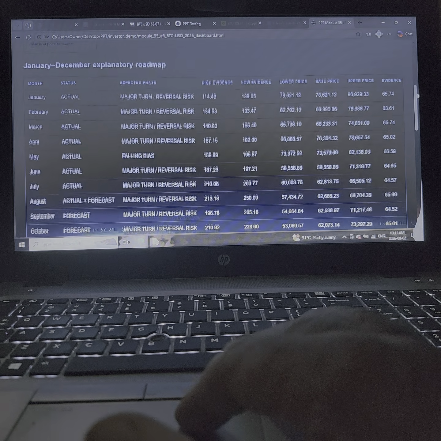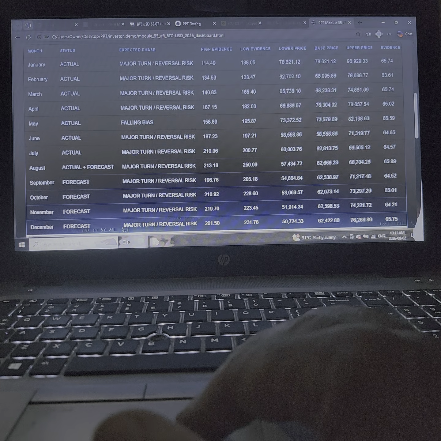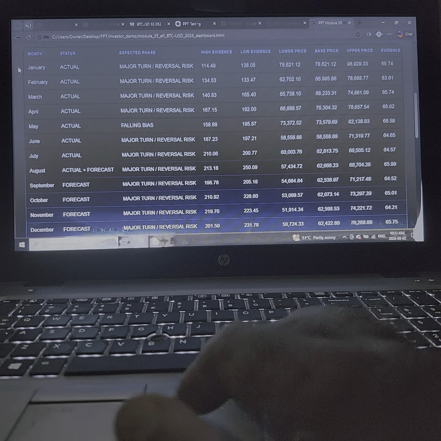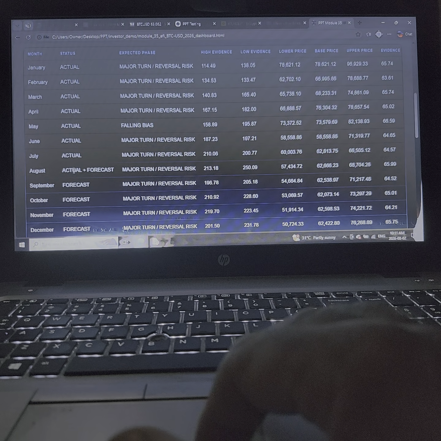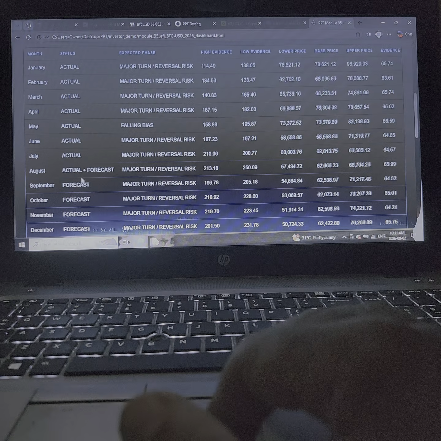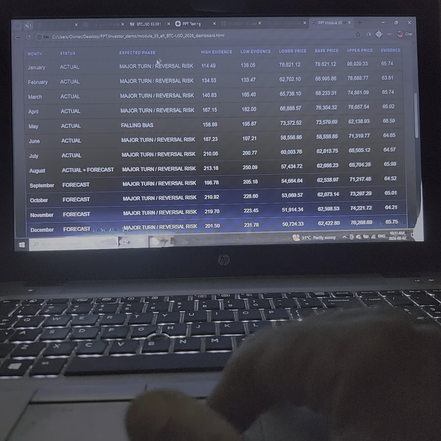Let's go take a look at the month-to-month, January to December, and let's see what Bitcoin is going to do. So here are the months. Here's the actual status. August is now turning into actual and forecast, and September and October haven't happened, so it's obviously a forecast. We have an expected phase, so major turns or reversals.